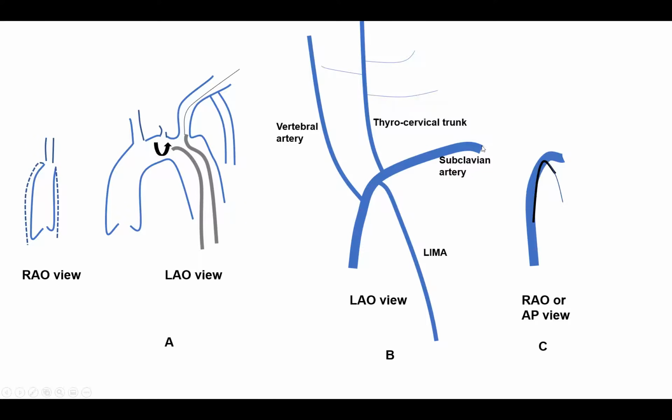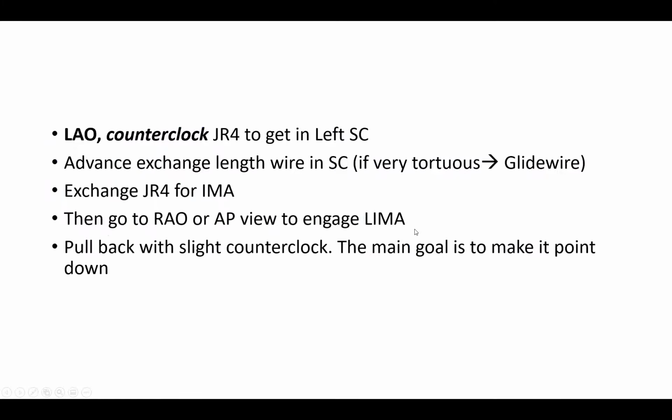Also, if you're going from the left radial, you oftentimes need to do clockwise because it's a totally different anatomy, and a clockwise turn will generally point you more anteriorly toward the LIMA. But again, just know this anatomy and react to what you see. Okay, this slide summarizes what I just described.